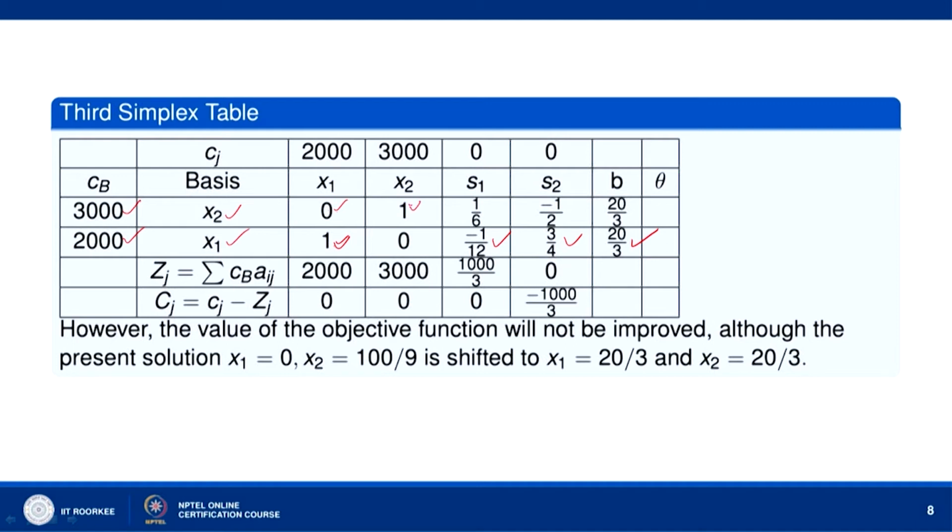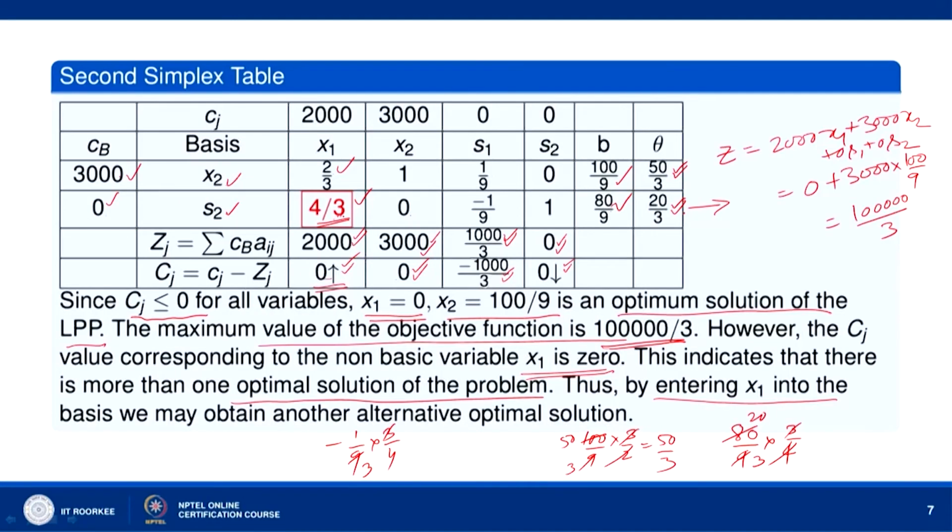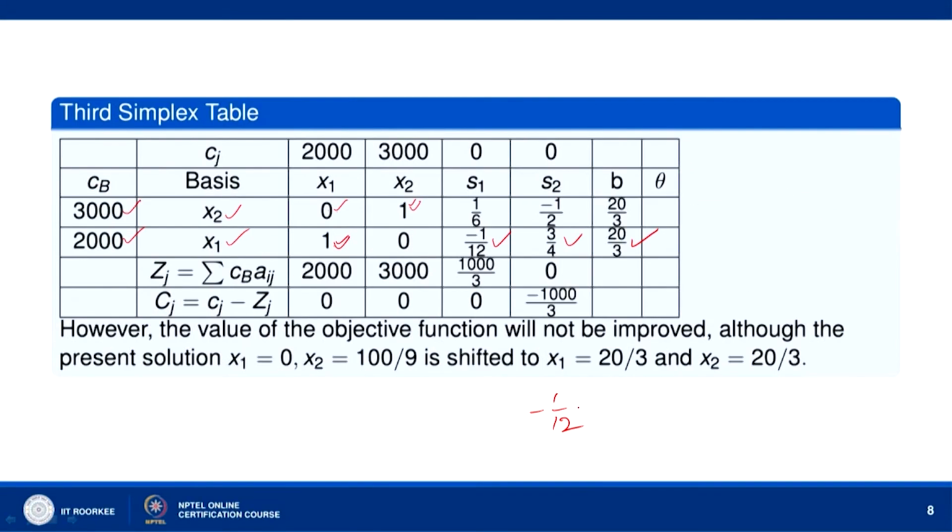So, it will not be changed. This is 1, and minus 1 by 12, we are multiplying by 2 by 3. So, minus 1 by 18, we are multiplying by 2 by 3 and subtracting from the first row.